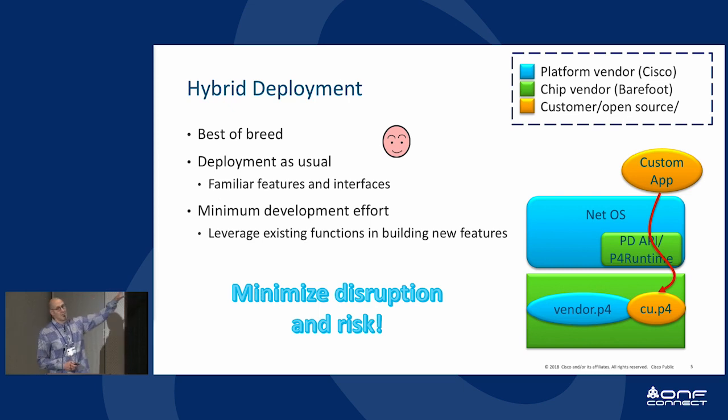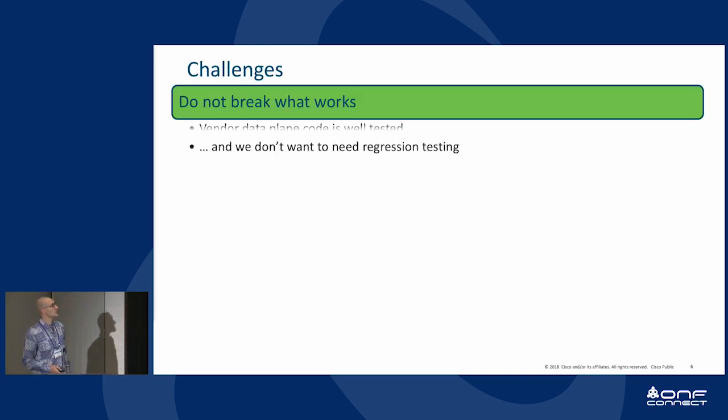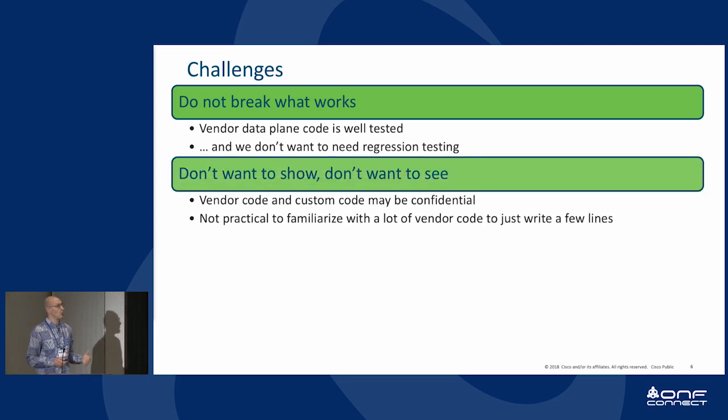So daPIPE is a development environment to support this deployment model. This deployment model has a number of challenges, because the moment we allow customers to add their code, we have to make sure that code is not going to break what works. So we want to make sure that when the customer P4 code is added, it's not going to affect the existing P4 code, which is well tested and well proven.